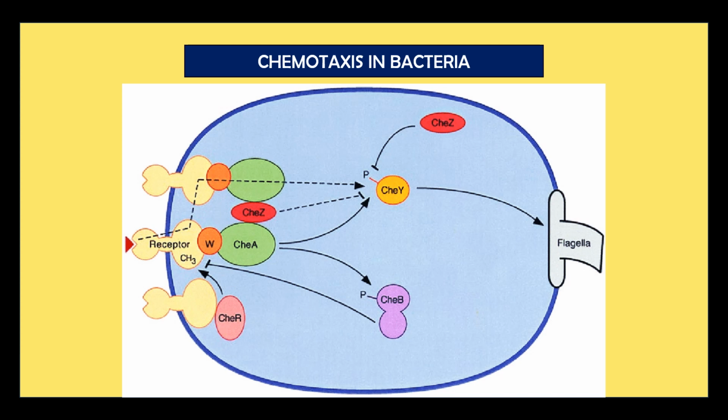CheA quickly transfers its covalently bound high-energy phosphate directly to an aspartate of CheY, a response regulator, to generate CheY phosphate. The phosphorylated CheY dissociates from the receptor, diffuses through the cytosol, binds to the flagellar motor, and causes it to rotate clockwise, resulting in tumbling.